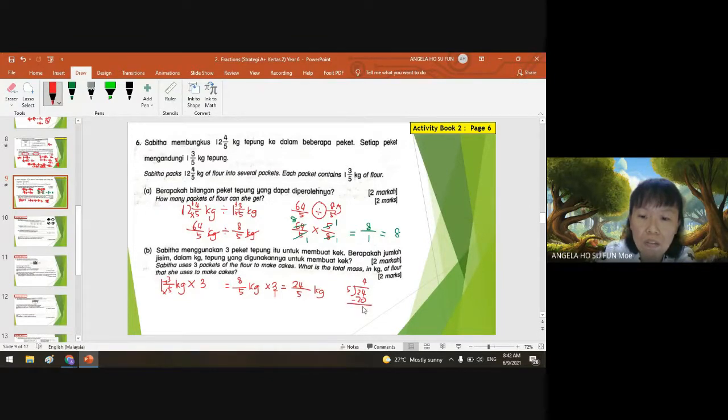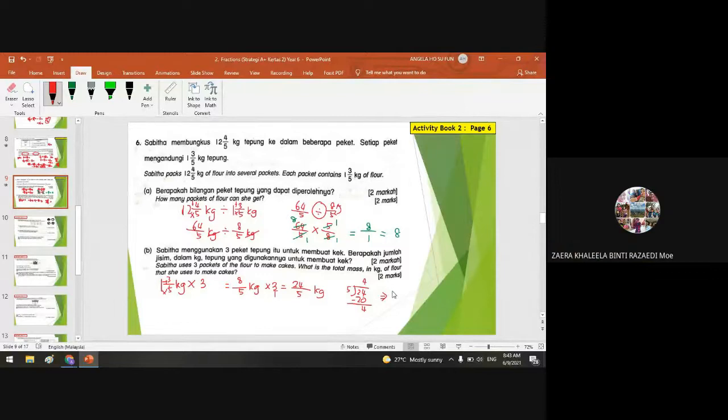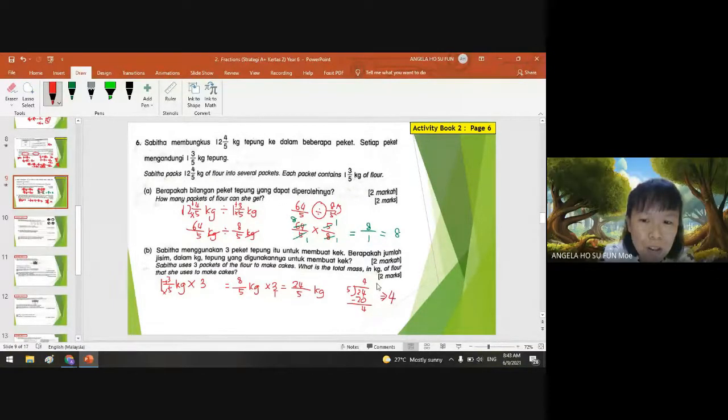Remain 4. Anyone can tell me how to write this in a mixed number correctly? You can on your mic and tell teacher. 4/5. Yes. So your answer is 4 4/5 kg.